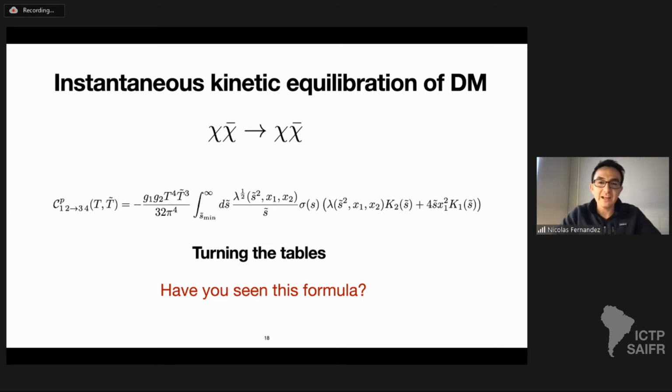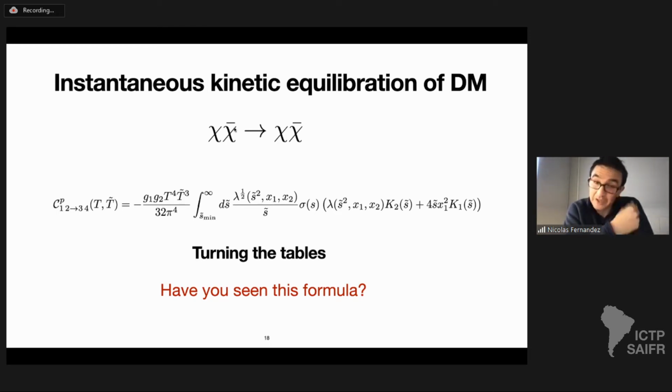This is something where I have the opportunity to ask the people in the audience. I have this problem that it's just a collision term, but the problem is that you have one dark matter at the temperature of the standard model, but the dark matter that you're going to hit is at the temperature of the hidden sector.